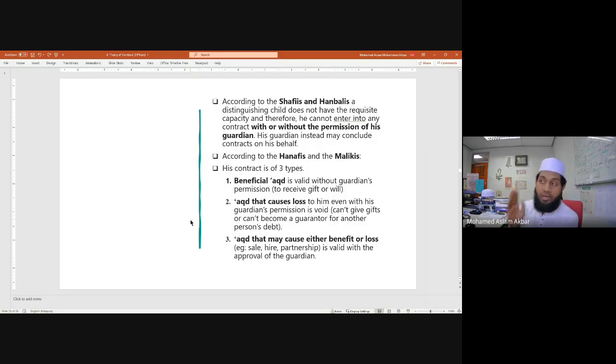But according to Hanafi and Maliki, yes, if you want to do some business from your money, right? Sometimes our Sabi al-Mumayyiz used to have money, for example in a piggy bank, what they call it. I don't know why they call it piggy. Sometimes they have their own pocket money, they keep it and they want to do business.